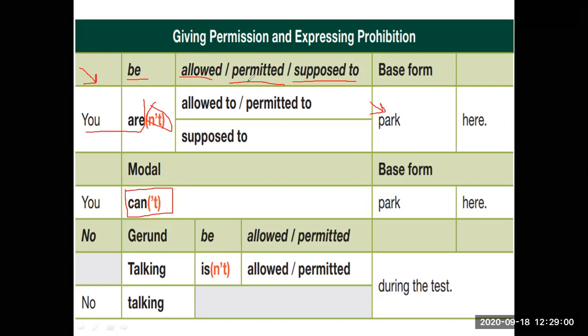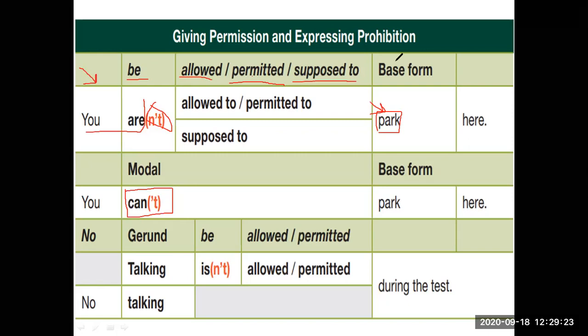You aren't permitted to park here. You aren't supposed to park here. I am expressing prohibition. You aren't supposed to speak Spanish in my class. You are not allowed to use your cell phone in class. You aren't permitted to eat in the classroom.